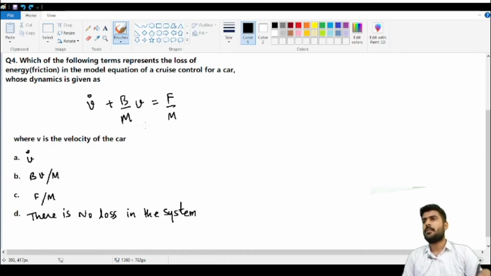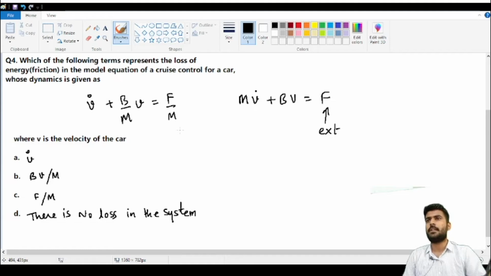Now this particular equation is arrived at from m v dot plus b v is equal to F, where F is the external force applied on the car for the acceleration, b is the force of inertia which applies in the opposite direction of the external force, and b into v is of course the frictional force which accounts for the energy loss.